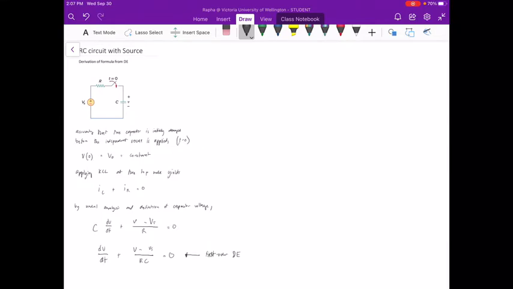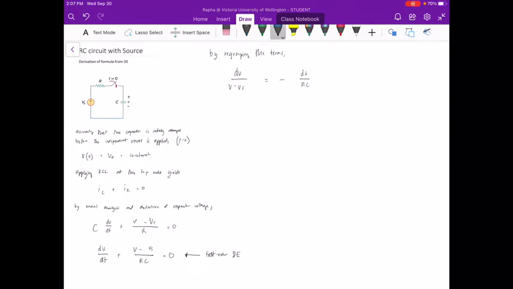By regrouping the terms, it becomes ready to be integrated. We have dV over (V minus Vs) is equal to negative dt over RC.